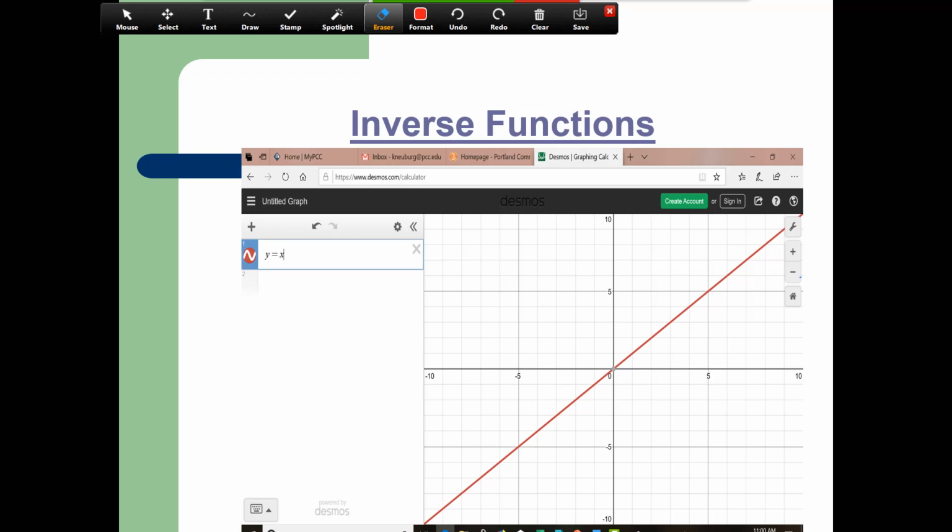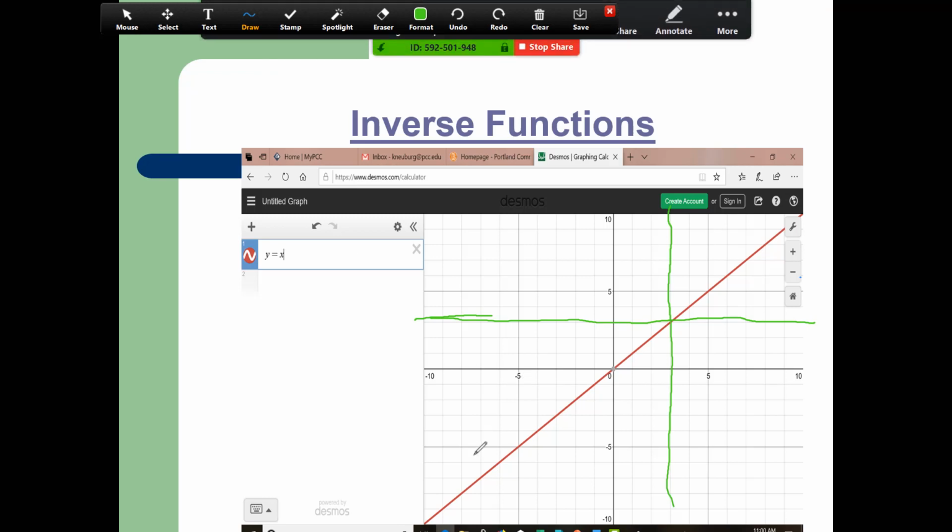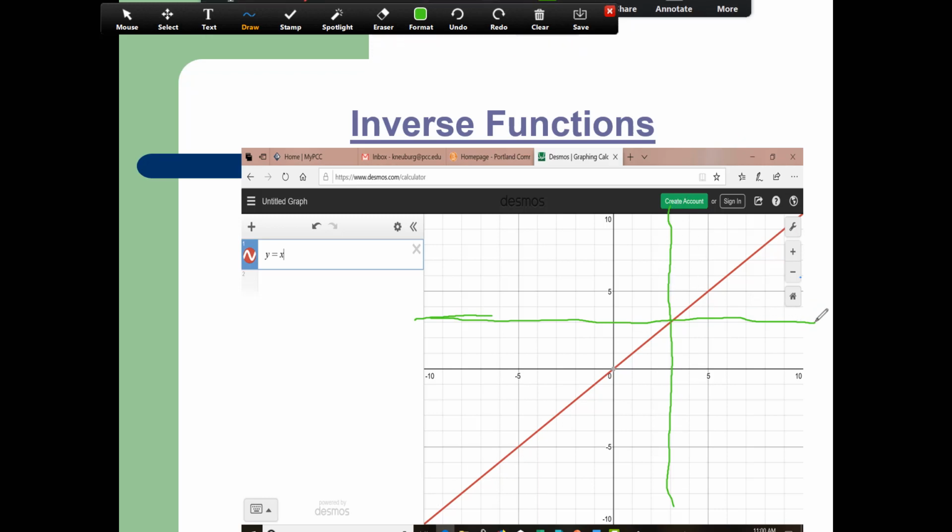If I take a vertical line, and I'll change my color on it, say this vertical line right here, and I fold on my line y equals x, you can take some paper and do that, and I trace, notice that that's going to end up being a horizontal line. You can see that if you were to fold on this line, every point on this, when you traced it, would land on this right here.